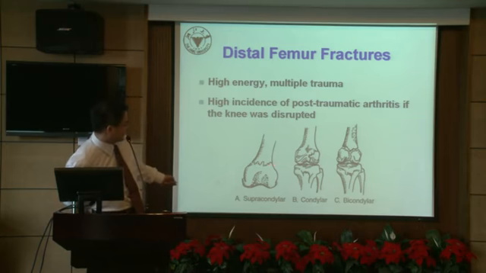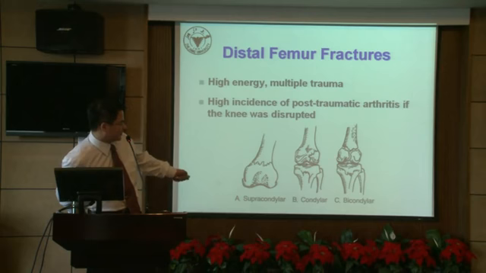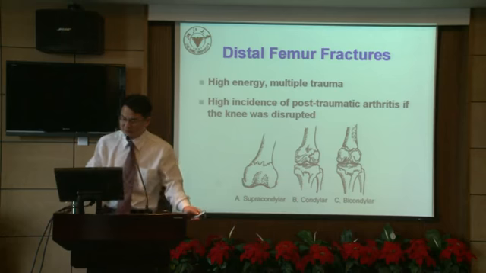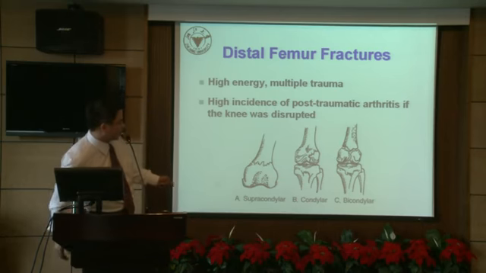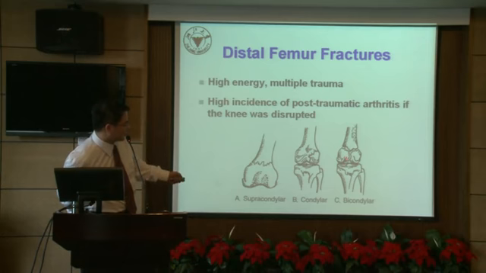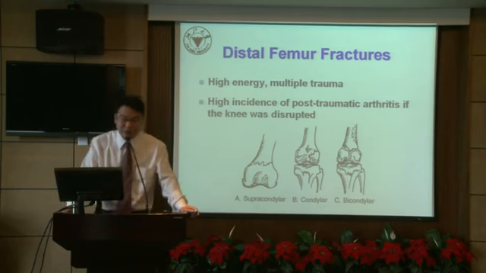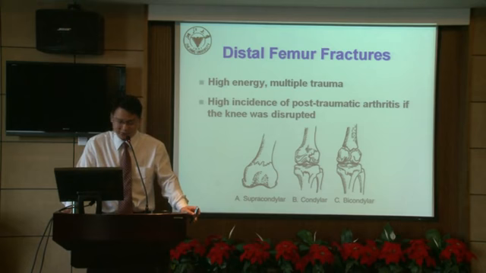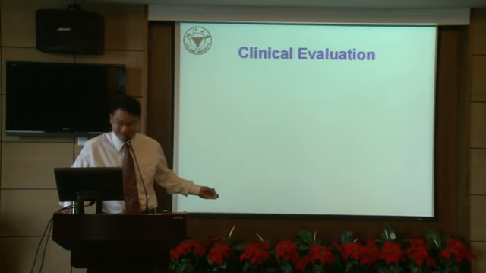We call this fracture line here a supracondylar fracture, and if there's a fracture here, then it's a condylar fracture. It's a simple single condylar fracture, and this is called a bicondylar fracture, as both condyles are involved. And this is an intra-articular fracture. The fracture line involves the articular surface, so you should pay more attention to recovering the surface of the knee joint.